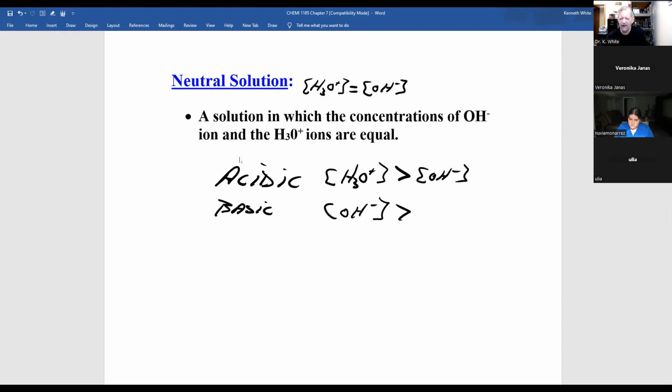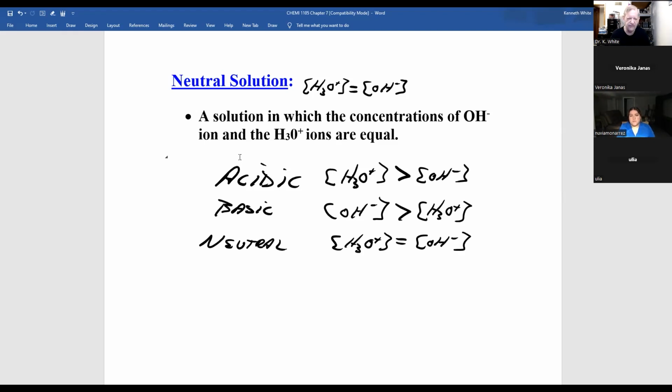Hydroxide greater than hydronium ion concentration, H3O plus. And finally, neutral solution, hydronium ion concentration equals hydroxide. And you should know this.